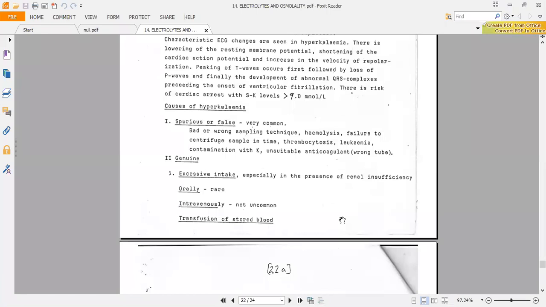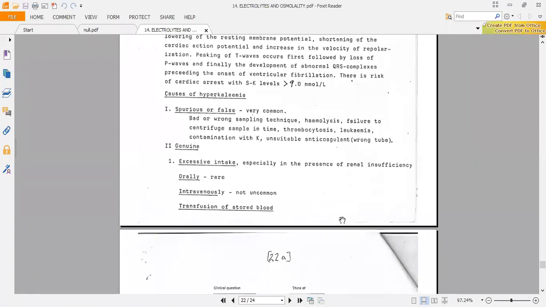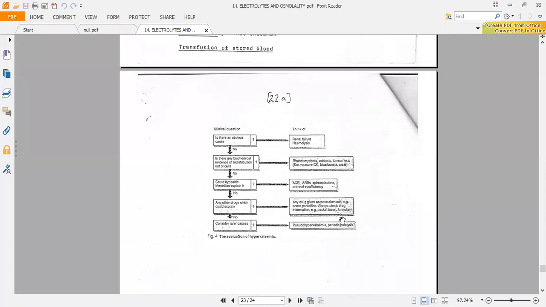You know that one of the transfusion reactions, when you give blood that has been stored for a very long time, it tends to hemolyze, and then when you give it, one of the transfusion reactions is actually electrolyte abnormalities. Okay, that is hyperkalemia. Okay, but as I'm emphasizing, most of the potassium is stored inside the cell.